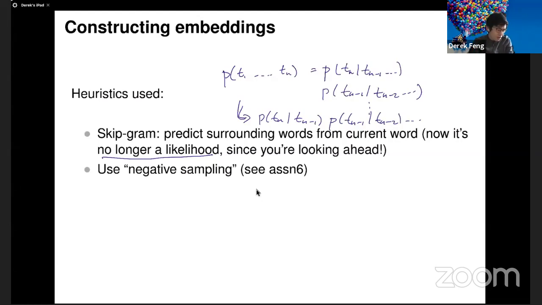Now, because you've augmented your data set with words in front and behind, you no longer have this nice property that the words you're seeing are actually the words behind. It's not particularly important, because all we care about is maximizing the likelihood. It doesn't have to be a true likelihood, so it doesn't really matter. But that's something to keep in mind.